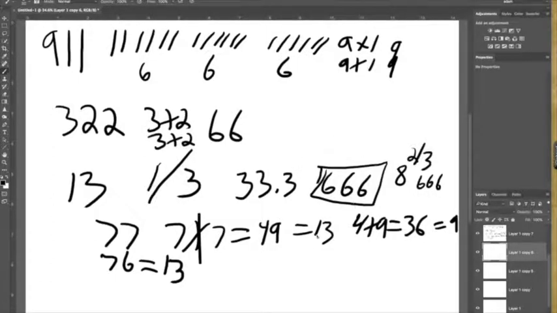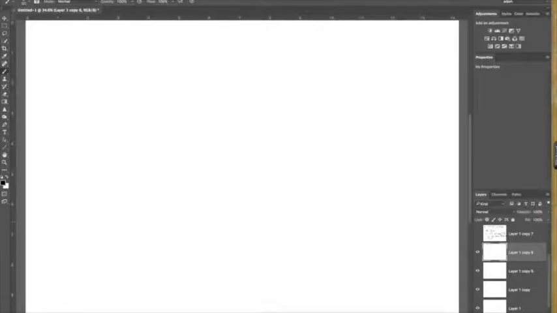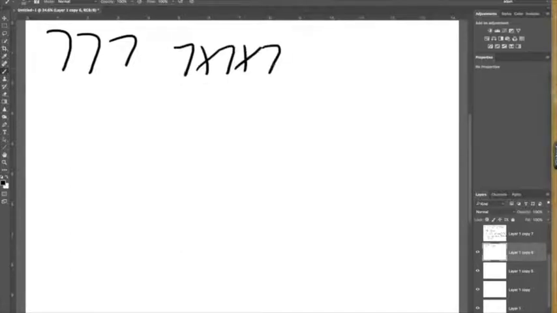Alright, so we got one last thing I forgot to mention. Let's get a new page here. Okay, so we have 777. Everybody thinks that that's a lucky number. But we've been deceived about everything. Okay, so we have 7 times 7 times 7 equals 343. Everybody should go and get their calculator and do this math themselves, alright?